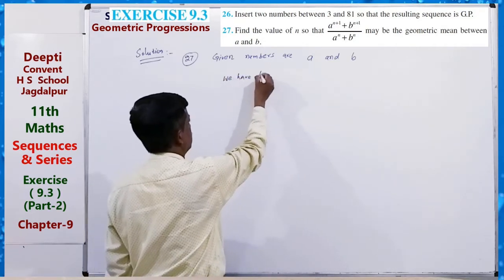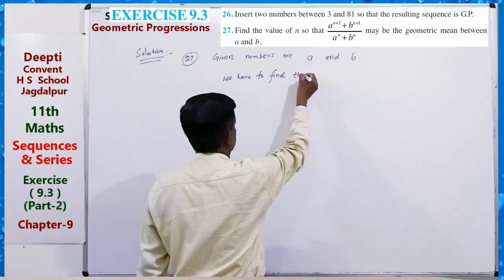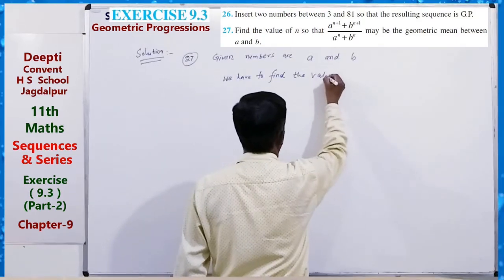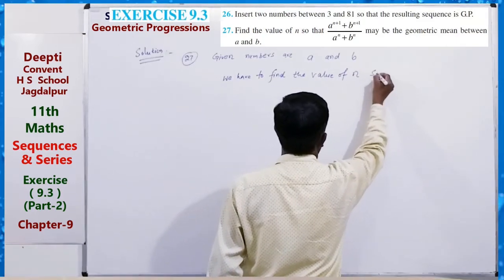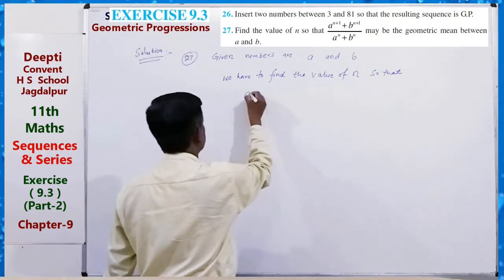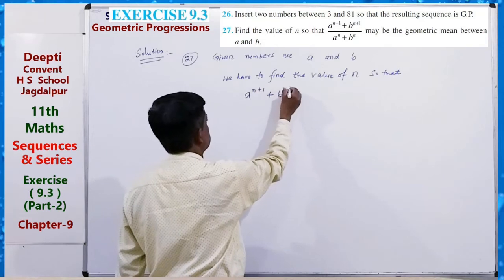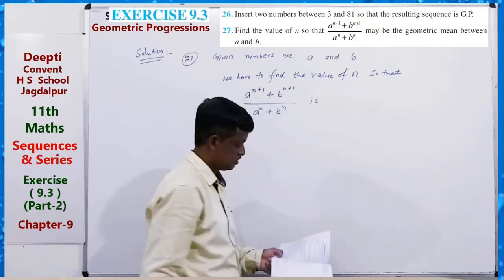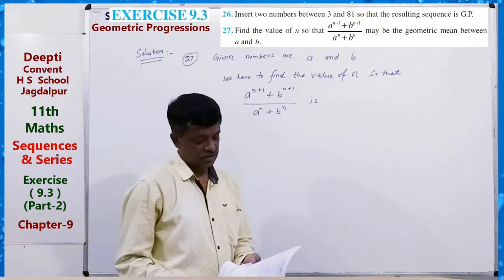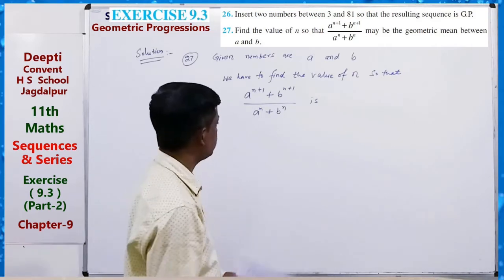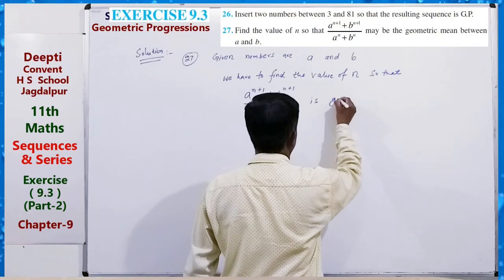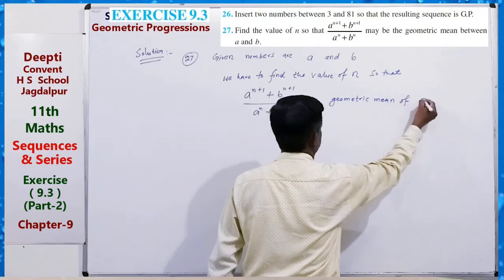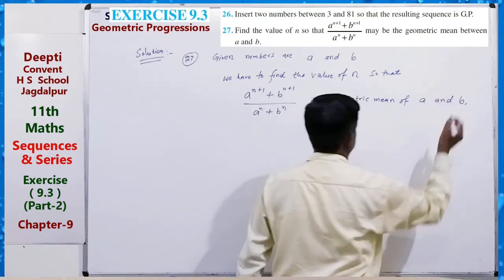We have to find the value of n so that a power n plus 1 plus b power n plus 1 upon a power n plus b power n is the geometric mean of a and b.